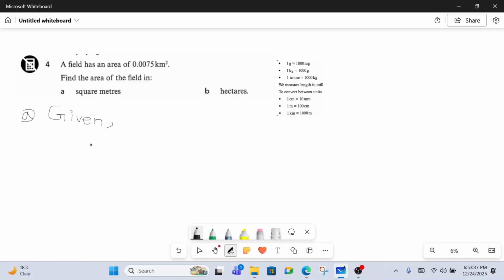Given area equals 0.0075 kilometer square.